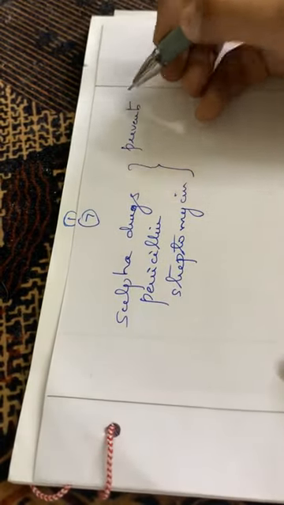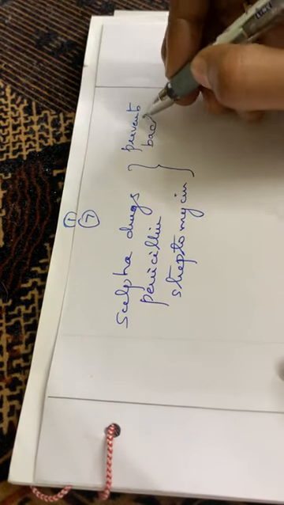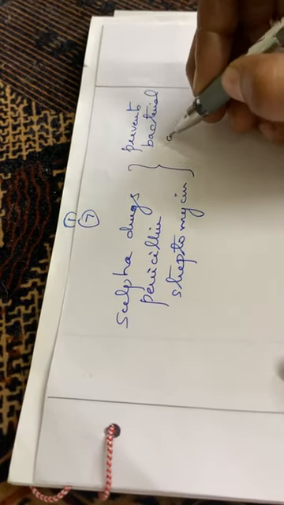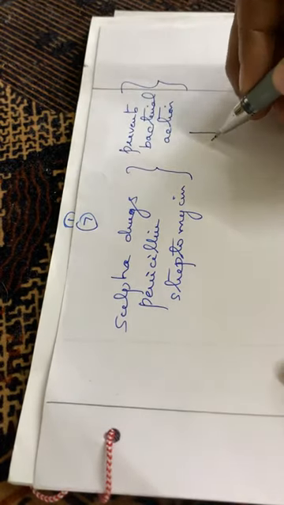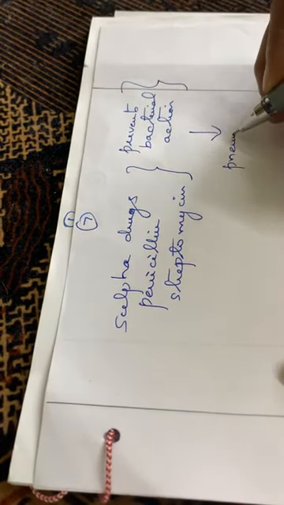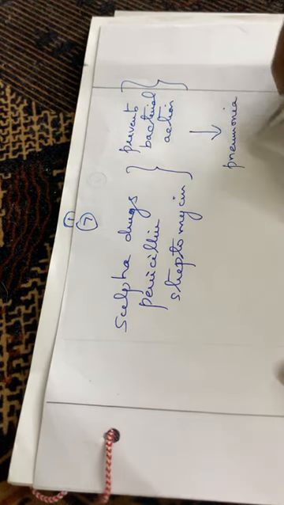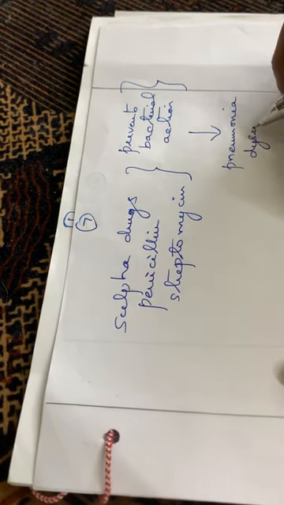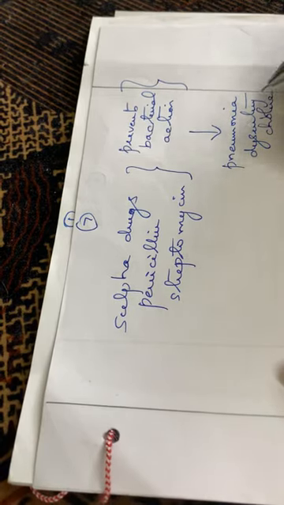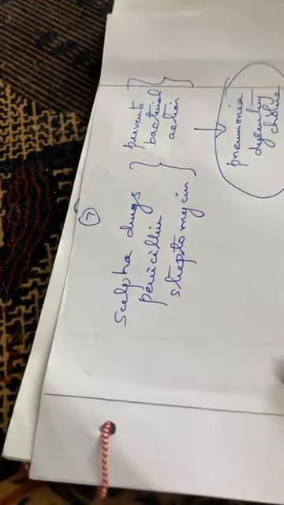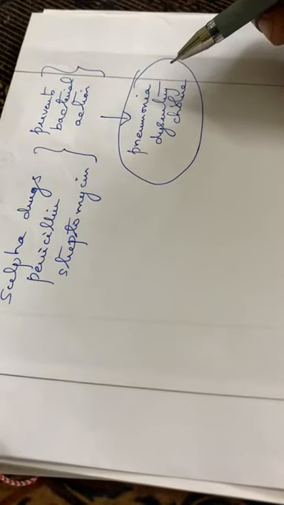Usually these are drugs which are given for certain diseases. They prevent bacterial action, and so protect us from pneumonia, dysentery, and cholera. These drugs are effective in treating pneumonia, dysentery as well as cholera.